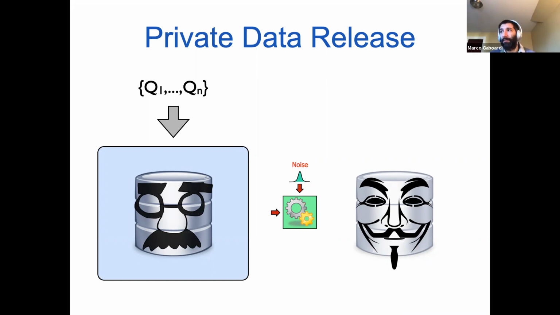So, for example, this is a classical application that people are looking into for a machine learning task. In particular, this has been developed quite a lot in the learning theory community.